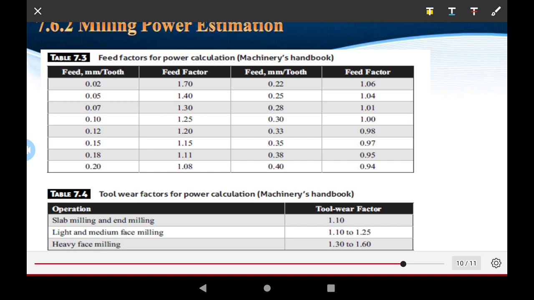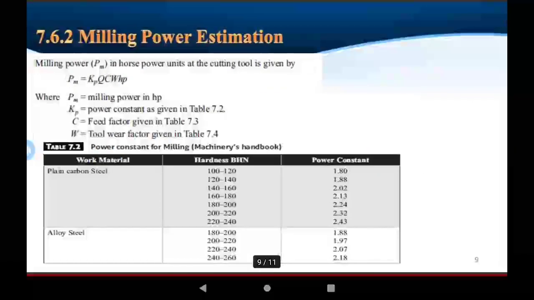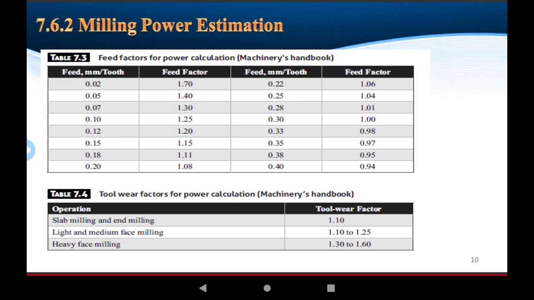For heavy face milling, the tool wear factor increases from 1.30 to 1.60. All these values in the tables are very important. They are not given in numerical problems, so you put the values directly into the questions and solve the problems.